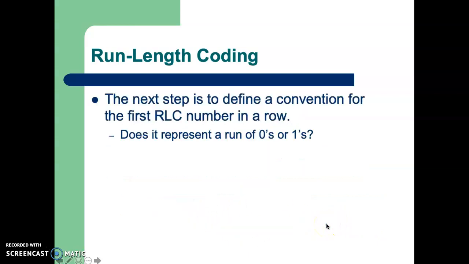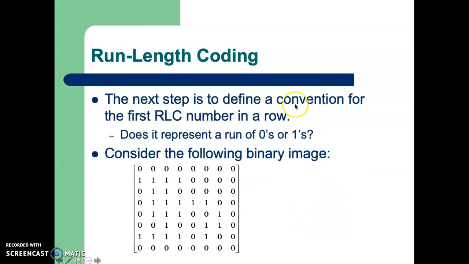The next step is to define the convention for the first RLC number in a row. In run length, there are two main things you have to identify before you apply the RLC. First, either by row or by column. By row means you count row by row; by column means you count column by column.